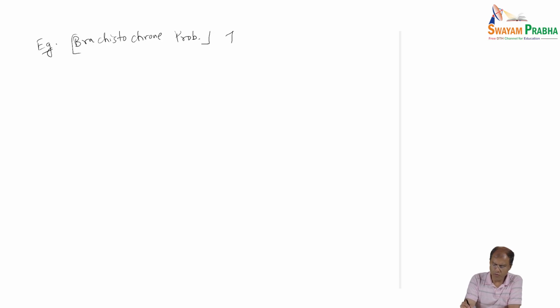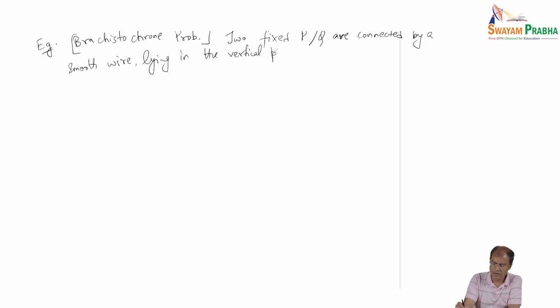Okay, so we have two fixed points. The problem says we have two fixed points P and Q, which are connected by a smooth wire, which are lying in the vertical plane that contains the points P and Q. And a particle is released from rest.